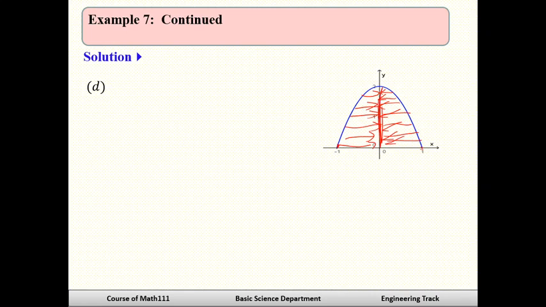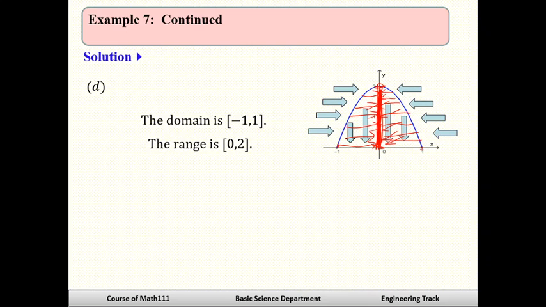So which y values do we get here? This set is our range. So range will be 0 to 2. And here these points are full, so this 0 is included, and this point is also full, so this is included in the range.